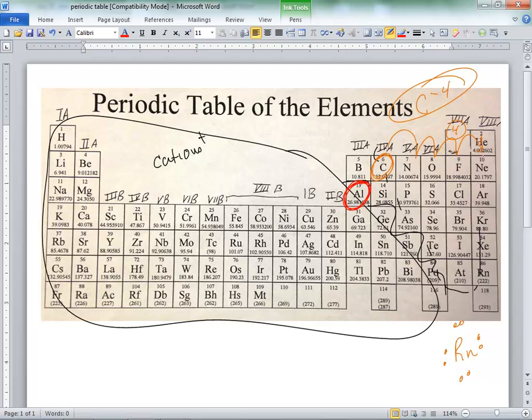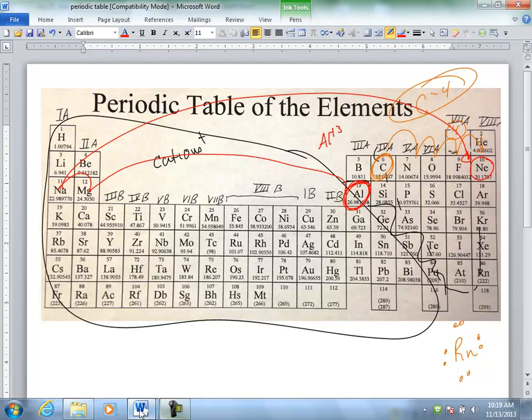It wants the octet by neon. And to do that, it has to lose how many electrons? 3. There's 1, 2, and there's a third. It wants to be like neon. Good. Okay, so that's how you get Al plus 3.